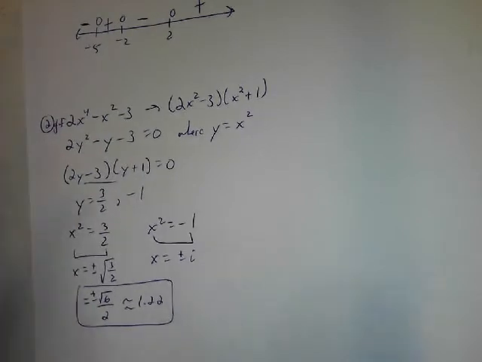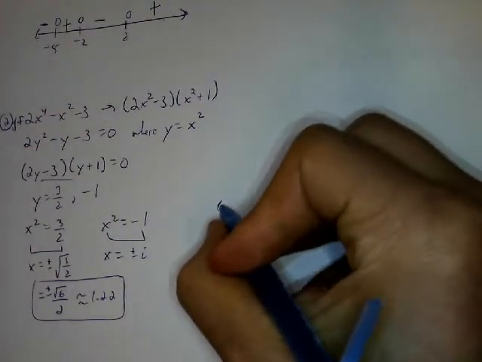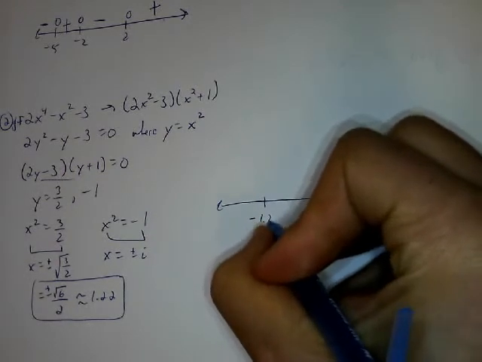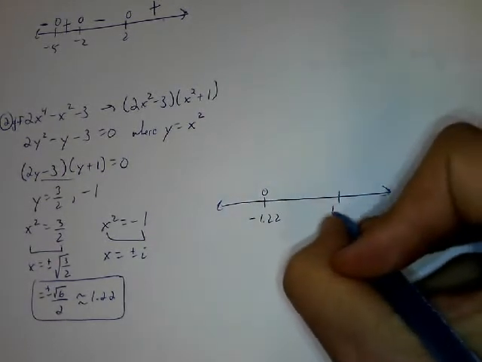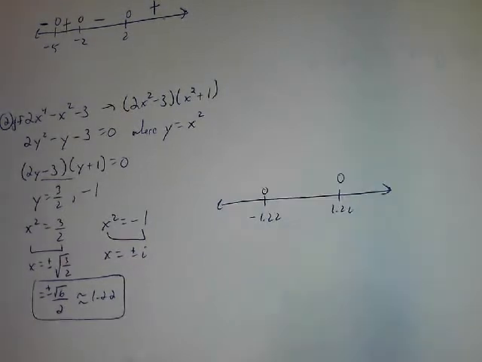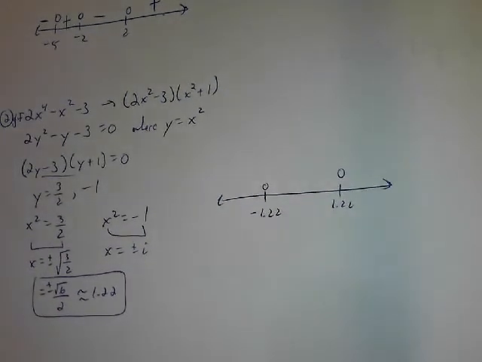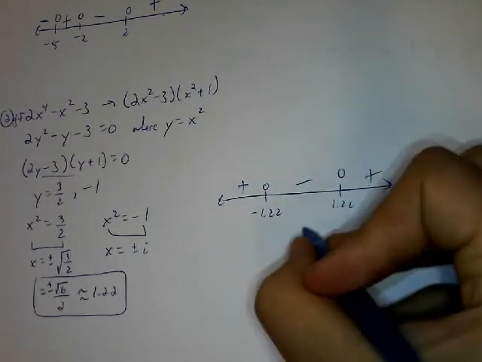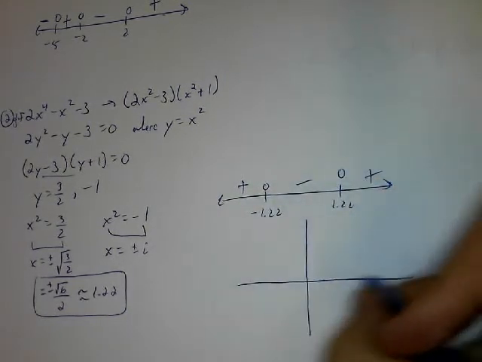Therefore, this has 2 real roots. If we do our sign analysis, we cannot put plus or minus i on it. We have negative 1.22, and we have 1.22. And if you plug values in, you'll see the sign analysis is positive, negative, then positive, giving you a graph.